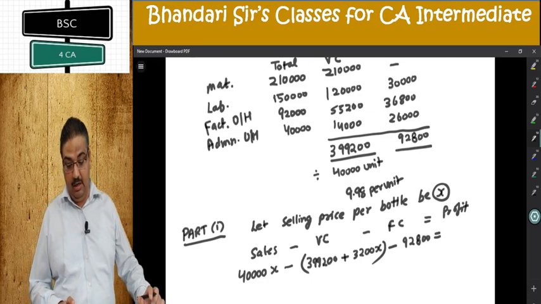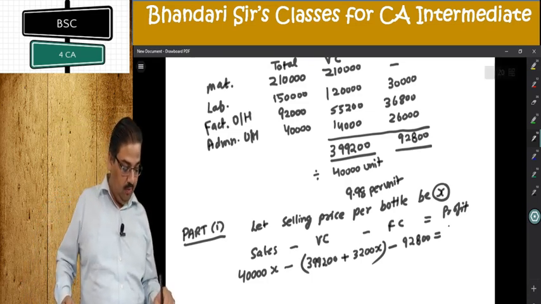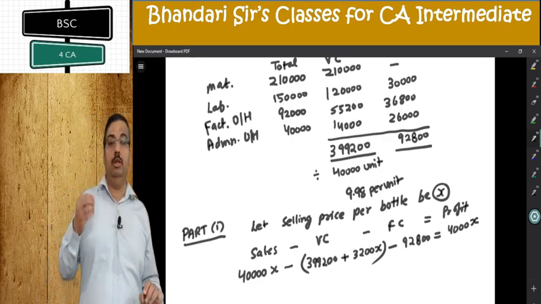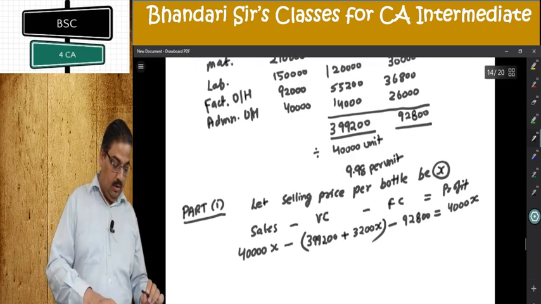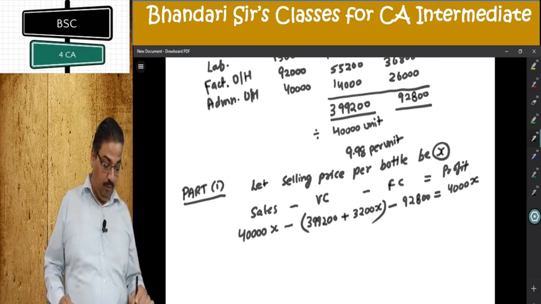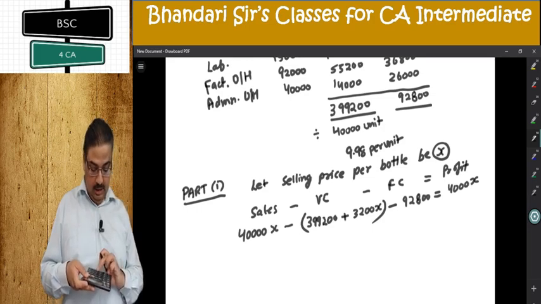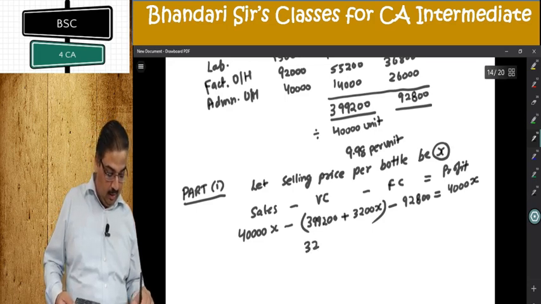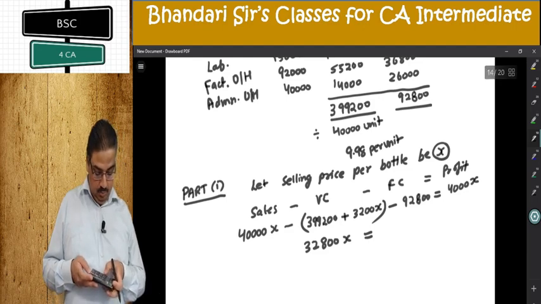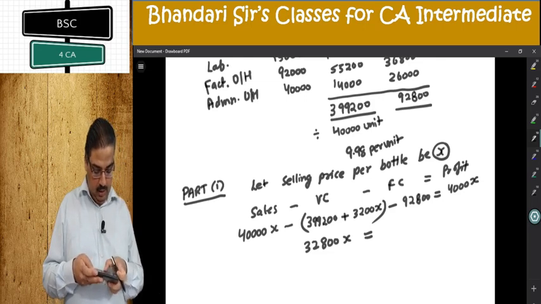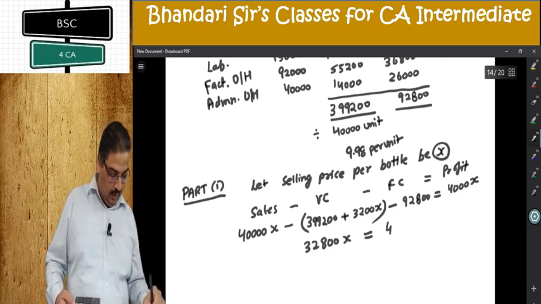What is profit? 10% profit on sale proceeds, 4000x. It is variable profit, not fixed profit, because it is dependent on sale. So this is the equation that I am going to solve. So it is 40,000 minus 3200 minus 4000, 32,800x should be equal to 399,200 plus 92,800, 4,92,000.